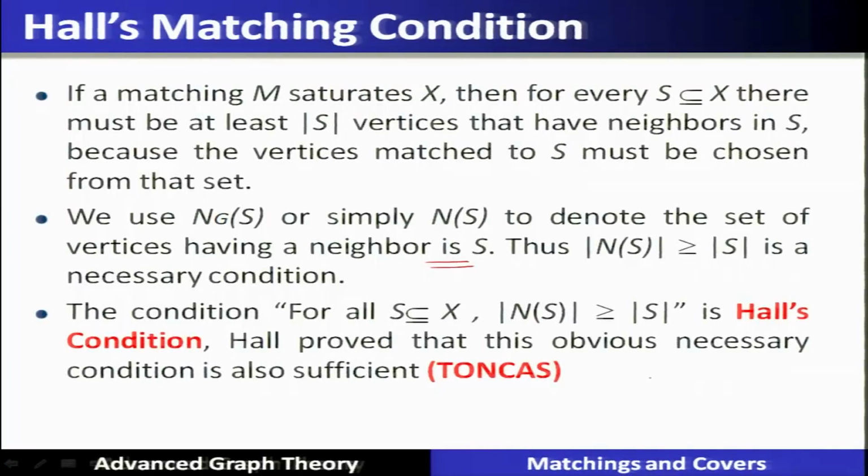So, again in the problem of applicants versus jobs, there are many applicants and few jobs. Some applicants are applying to this many jobs, others are applying to this many jobs, and so on.